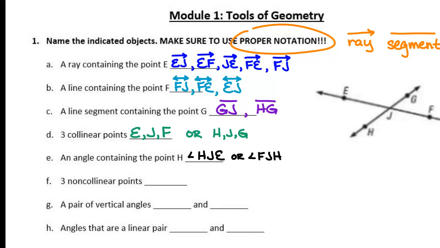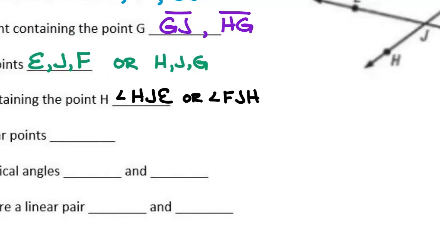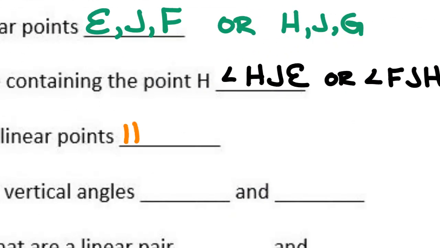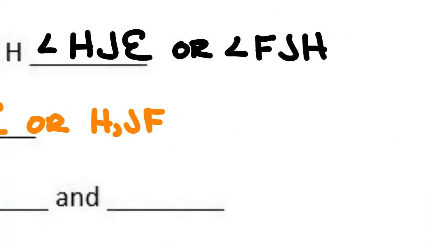Three non-collinear points. Now I want three points that are not all in a line together. So H, J, and E are not all in a line together. H, J, and F are not all in a line together. E, J, G are not in a line together.